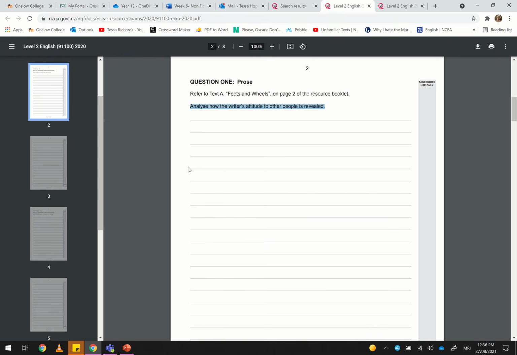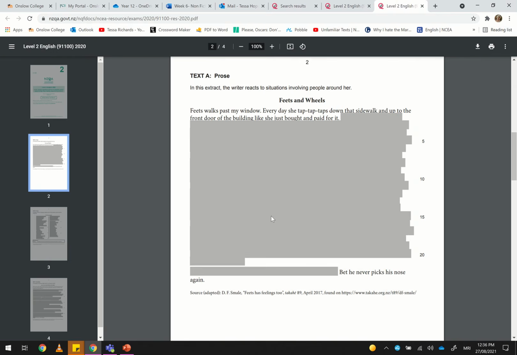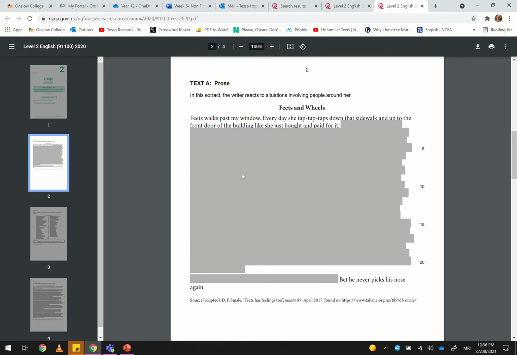So that gives me a clue that I need to be looking for how does the writer feel about the particular people that he or she is describing. So that gives me a hint. I can go back to the text and start looking for, well, how is the writer feeling about this? Okay, and then I can annotate and understand that in a little more detail.